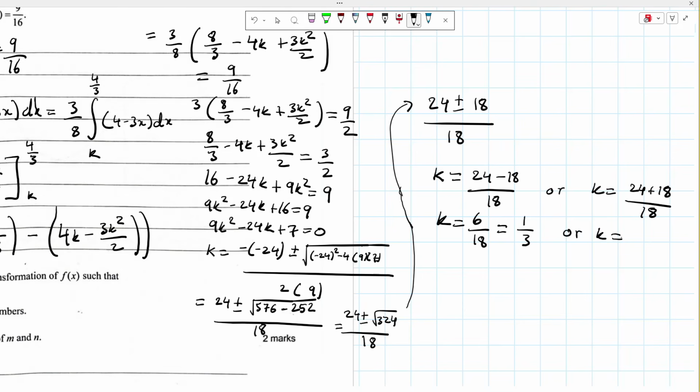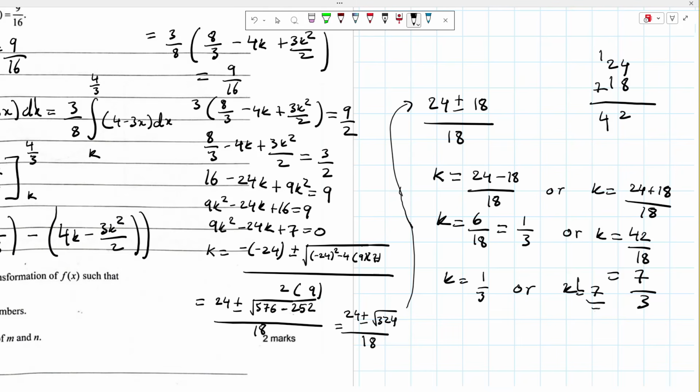Or k can be this. And 24 plus 18, arithmetic, right? That's going to be 42 over 18. Right? That's going to be 7 over 3. So we get k is equal to a third, or k is equal to 7 over 3.